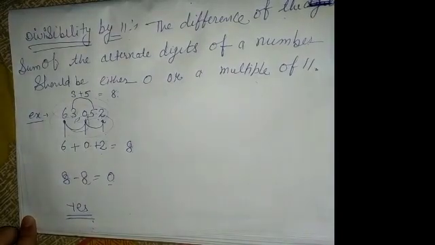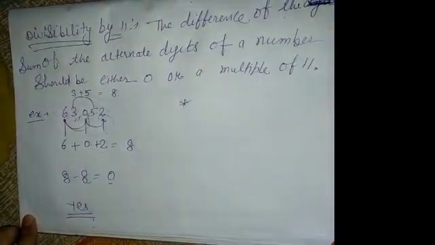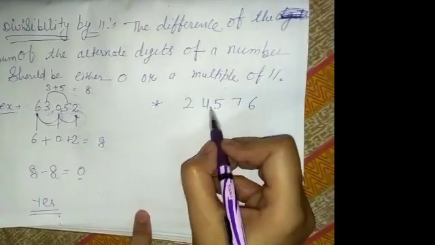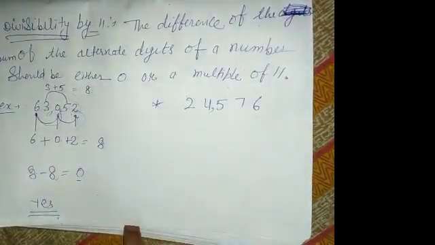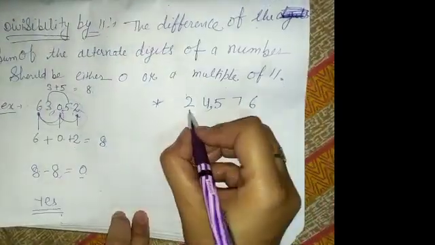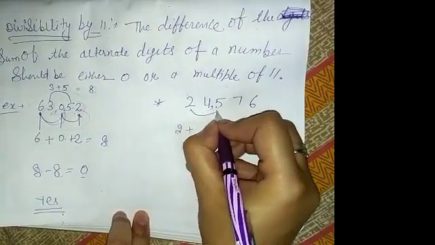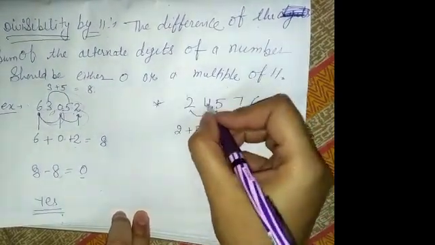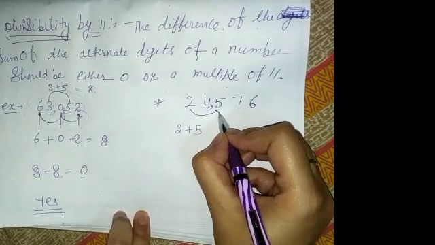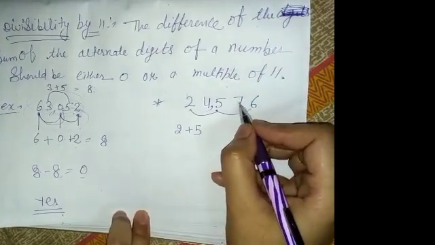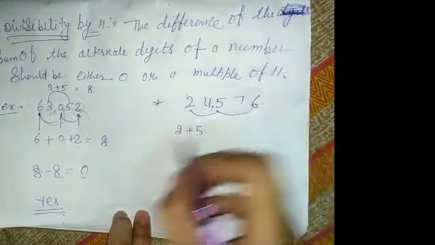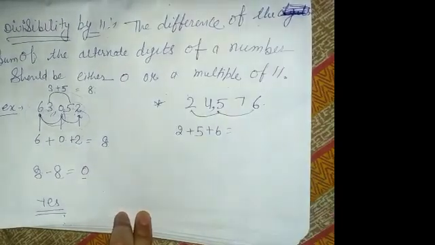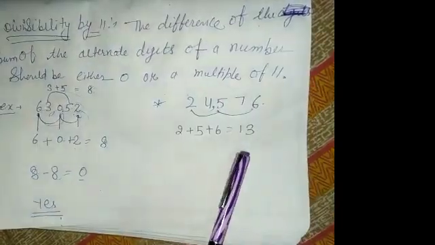Means if I divide this number by 11, I will not get any remainder. Let's take one more example. 24,576. So alternate digits. First 2, second 5. We will not count this 4. Next 6, because next 7 we will not count. So we count 6. Its sum is 13.